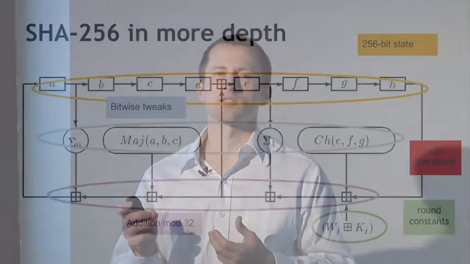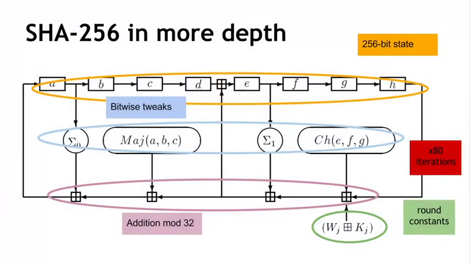And in each iteration, there are slightly different constants applied at that one step there so that every iteration isn't exactly the same. So this is the task ahead of miners, to compute this specific function, only this, as fast as possible. And so you can see that to do this, you need to be able to deal with 32-bit words, you need to be able to do 32-bit addition, and you need to also be able to do some bitwise logic.